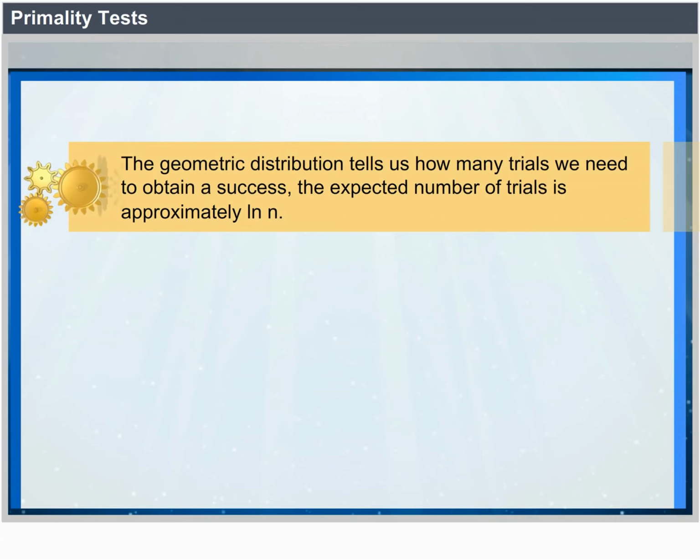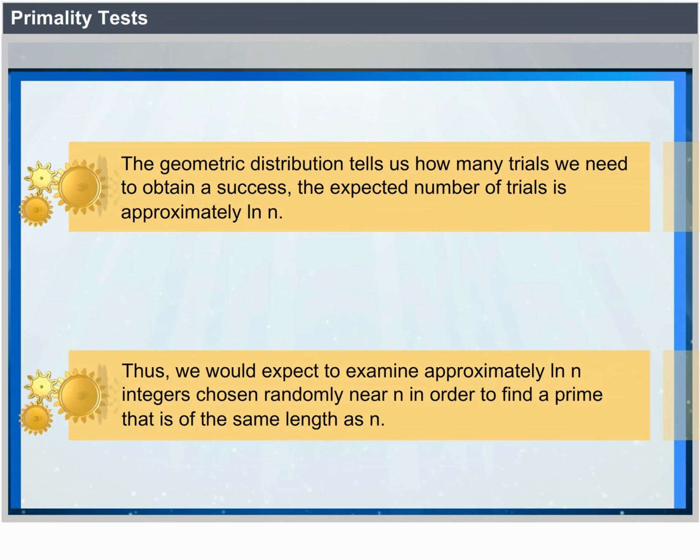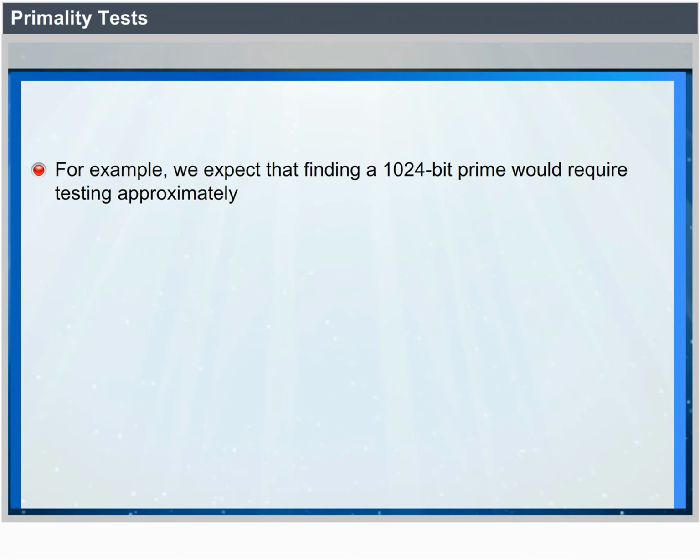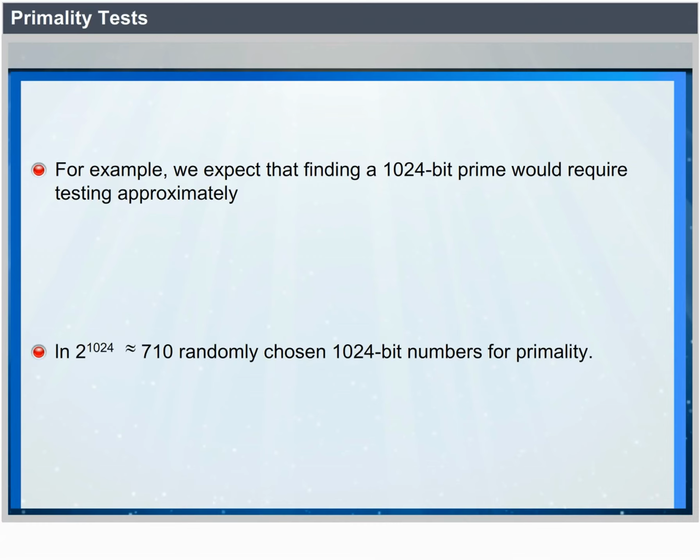Thus, we would expect to examine approximately ln n integers chosen randomly near n in order to find a prime that is of the same length as n. For example, we expect that finding a 1024-bit prime would require testing approximately ln 2^1024, which is approximately 710, randomly chosen 1024-bit numbers for primality.